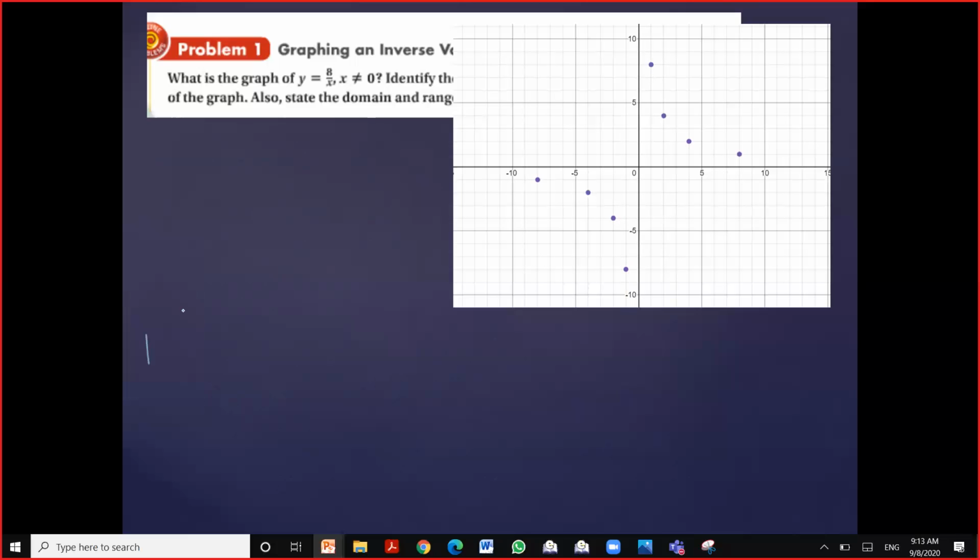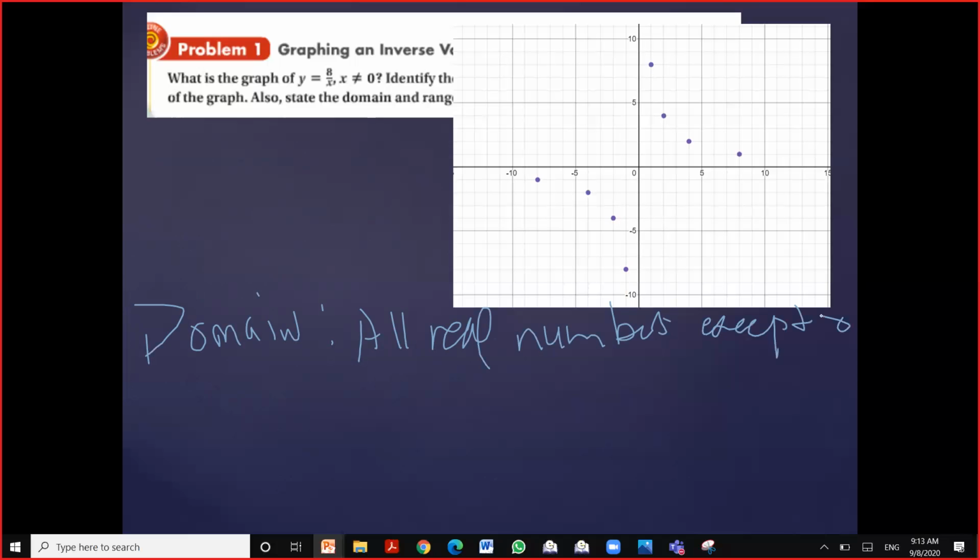So the domain here, I can write it as all real numbers except 0, or you can write it like, look at the values of x here.